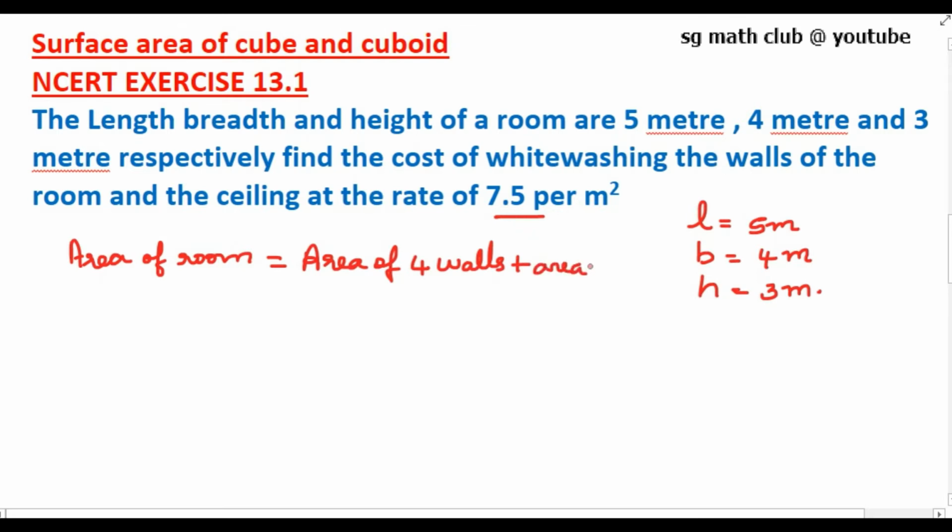Then only we can find out the area of the painting. Now area of 4 walls is nothing but LSA of the cuboid, since the room is in the shape of a cuboid and we need to find the area of the 4 walls. So it is LSA of cuboid, and area of ceiling is nothing but length into breadth.